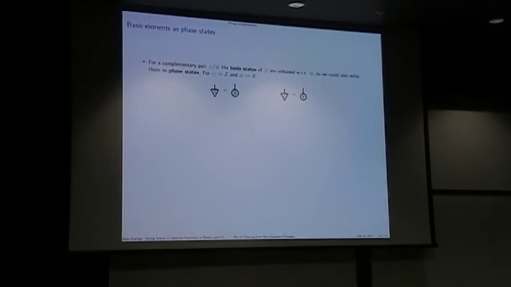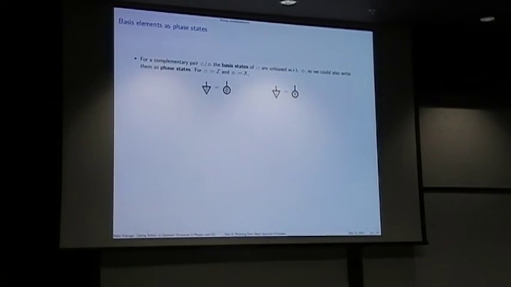So if we take a complementary pair of bases, then as I already mentioned, the basis states of one of the colors, white say, are unbiased with respect to the other color. So we could also write these things as phase states. Any unbiased state can be written as one of these phase states.